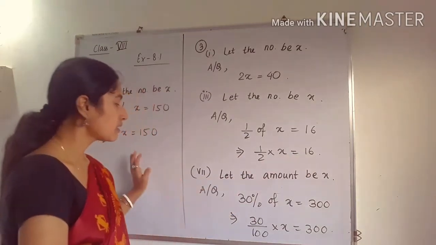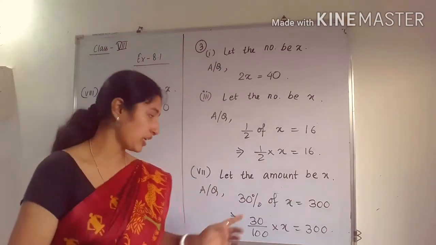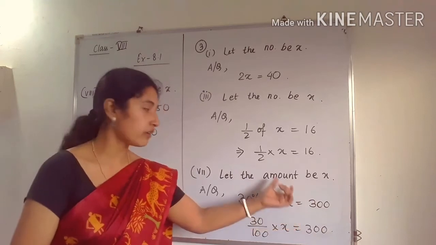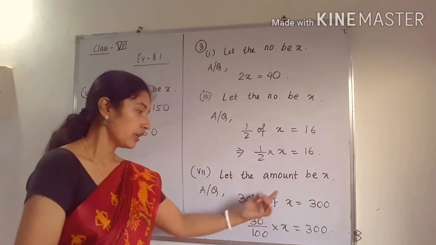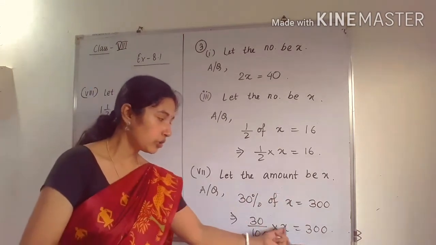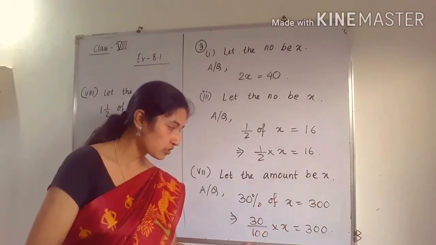Okay. Next is number 7. It is given that 30% of a sum of money is equal to 300. So let that sum of money be x, or you can write let the amount be x. So 30% of x is equal to 300. 30% means 30 by 100 into x, since we know that of means into. Then transpose this to that side.